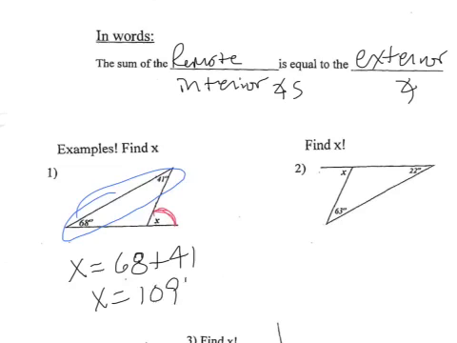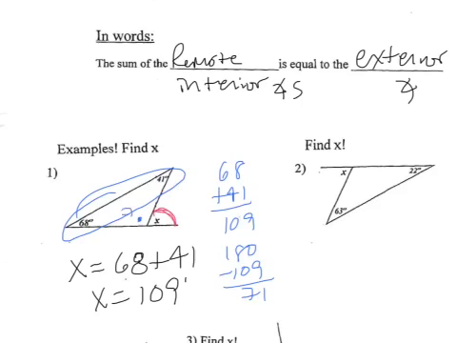Now, there are definitely more ways to get that. So, for example, if we wanted to figure out this angle in here, based on the fact that 68 plus 41 is equal to 109, and then if I took 180 and I subtracted 109, I'd get 71.